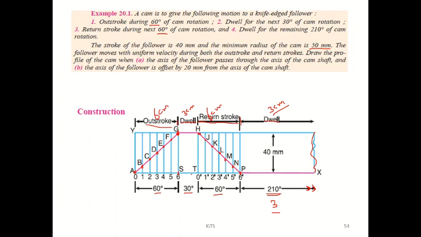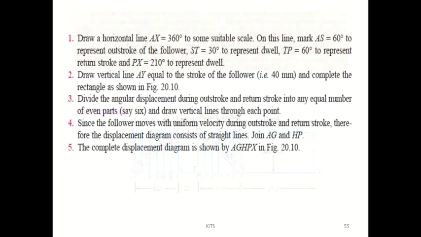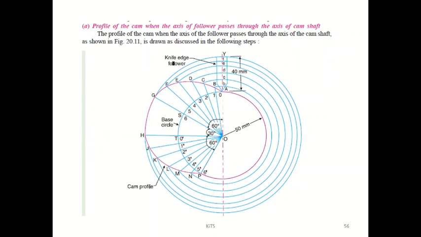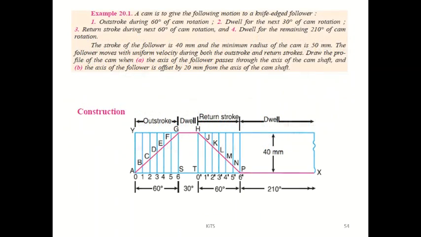Now we will move to the cam profile. Mark a center point. Take your compass. What is the minimum radius? 50 mm.